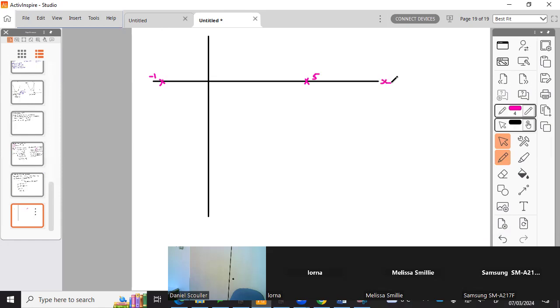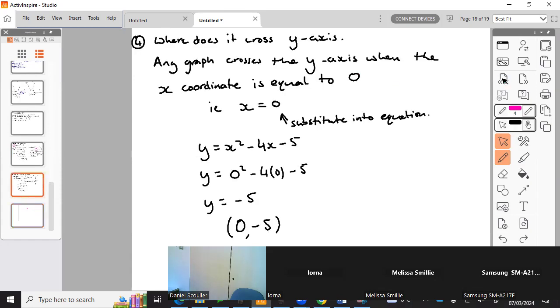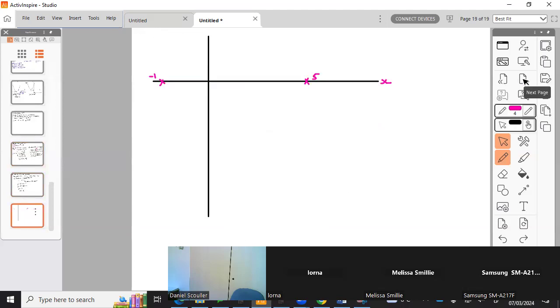That's what factorization did. My turning point is (2, -9), so 2 on the x-axis about here, negative 9 is about here.